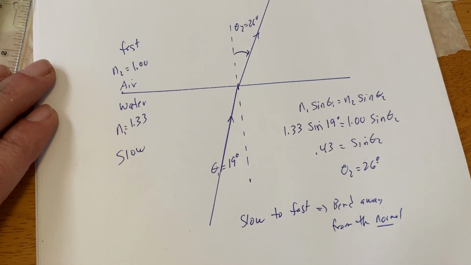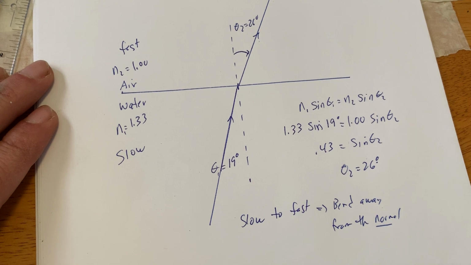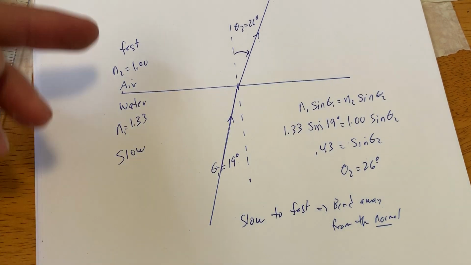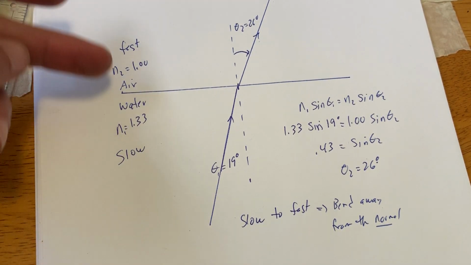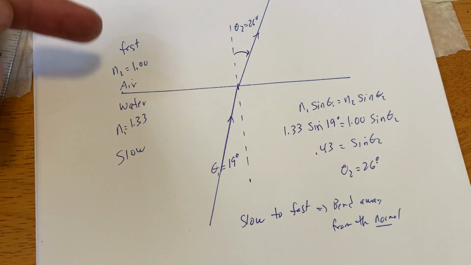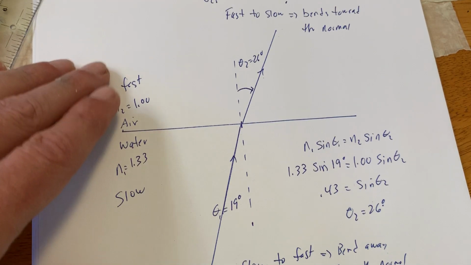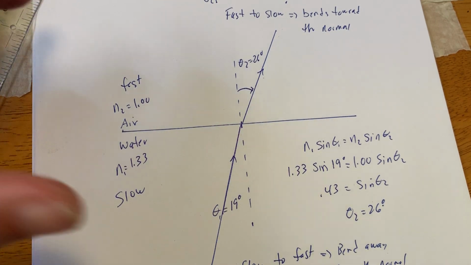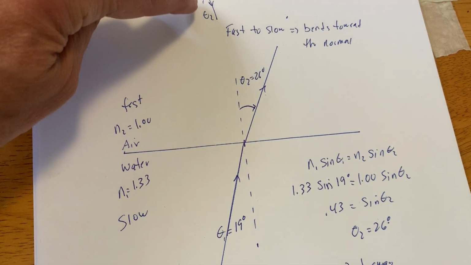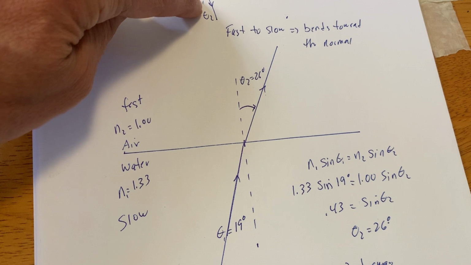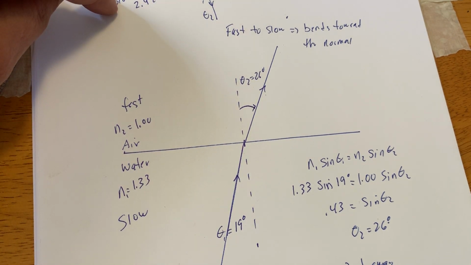Now look at what happened. As always, when I change speeds, I refract. However, I can refract in two different ways. I can bend towards the normal, as we said last time, fast to slow, just reference table stuff.